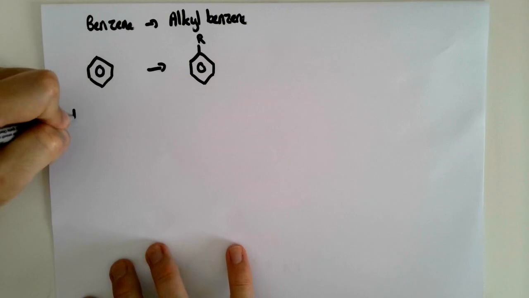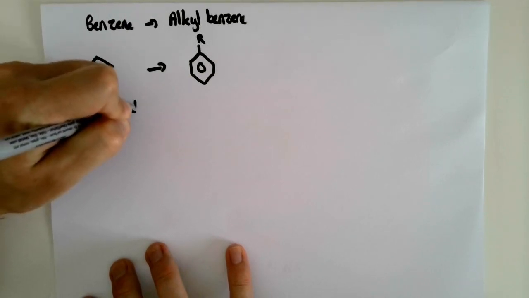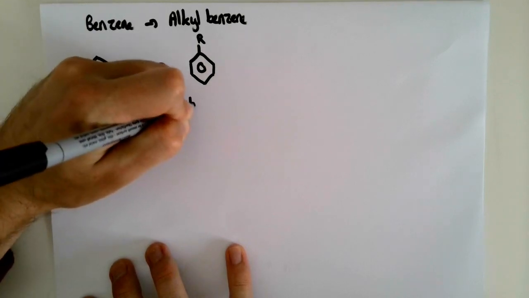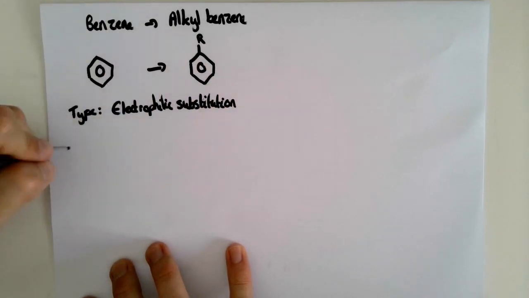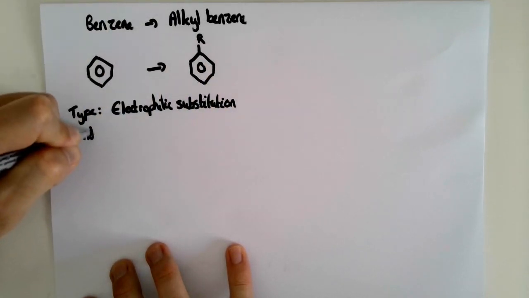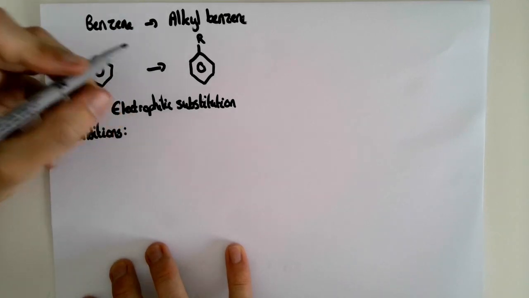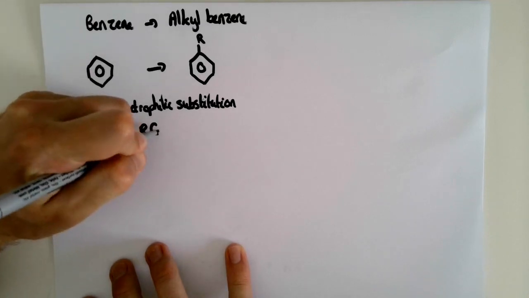So type of reaction taking place, electrophilic substitution again. Conditions and reagents in order to perform this reaction are that you need some sort of halogenoalkane. So I'm going to say that as RCl.